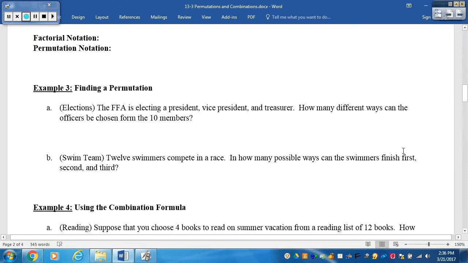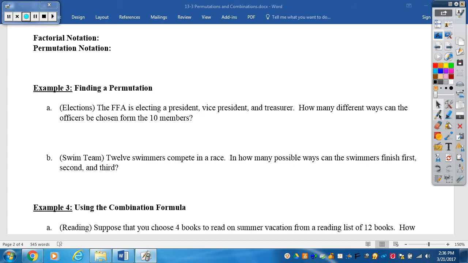What is permutation notation? Okay. The number of permutations of n items of a set arranged r items at a time is nPr. So if I write this down, you don't have to write it down. I was just reading off the definition for you.